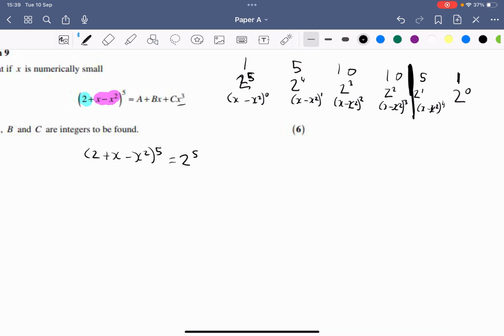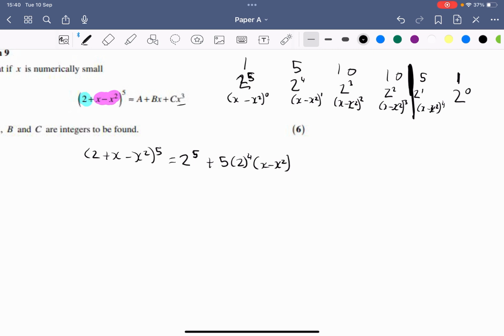2 to the power 5. Now this just equals 32, so I can just leave that, plus 5 times 2 to the power 4 times (x minus x squared), right?